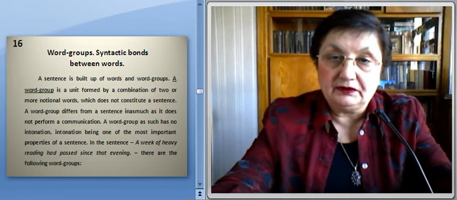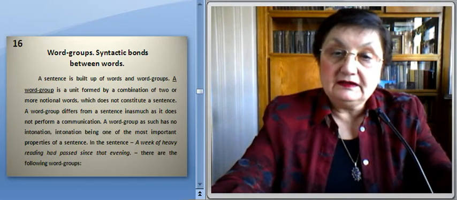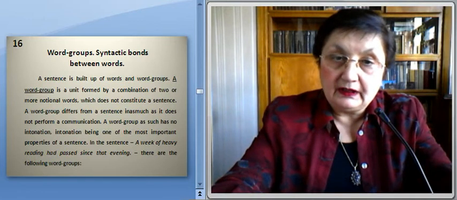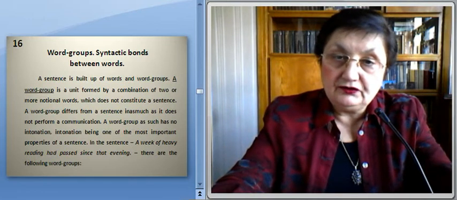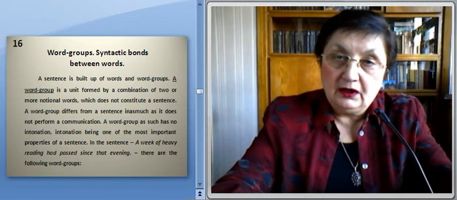A word group is a unit formed by a combination of two or more notional words which does not constitute a sentence. A word group differs from a sentence inasmuch as it does not perform a communication.